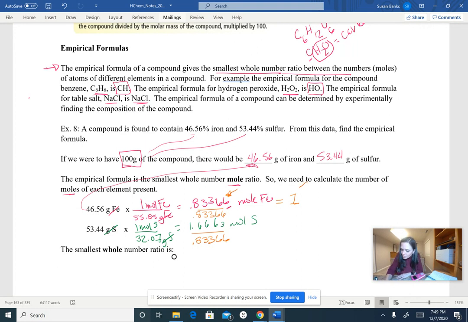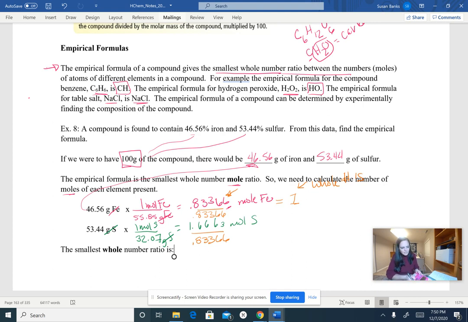And on these ratios, I'm wanting whole numbers as much as possible. It will get tricky in a bit, but for this one, we're wanting whole numbers. So I'm going to take 1.66, and hopefully you can do that pretty much in your head. Isn't this like 16 and this is like 8? So isn't this going to be 2?